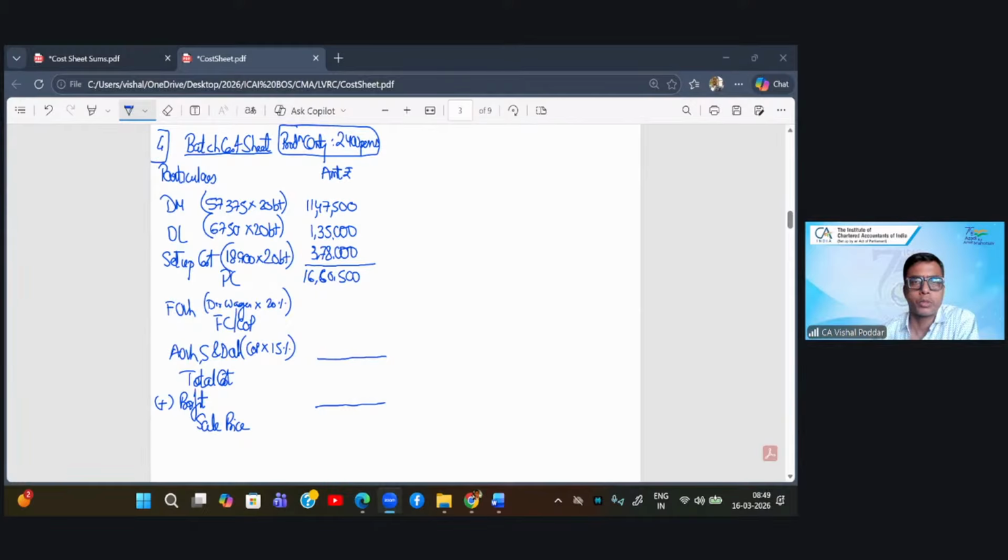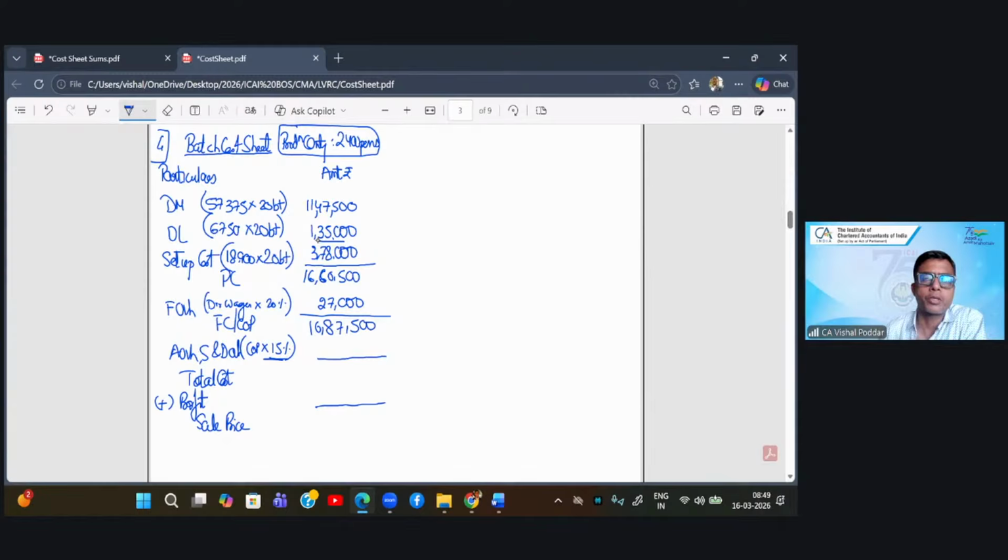So now 20% of only the wages portion, that is this amount. 20%, 27,000. So this will be 1687,500. And then 15% of this amount of 1687,500 will give me my remaining three overheads.